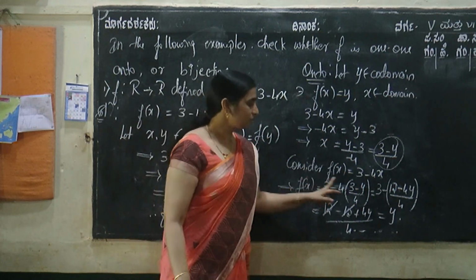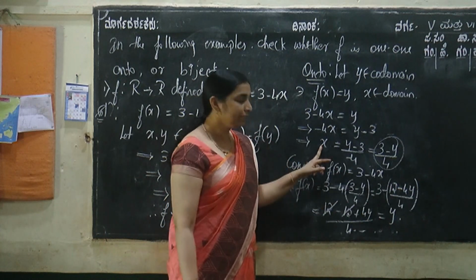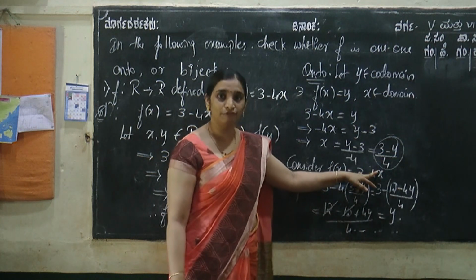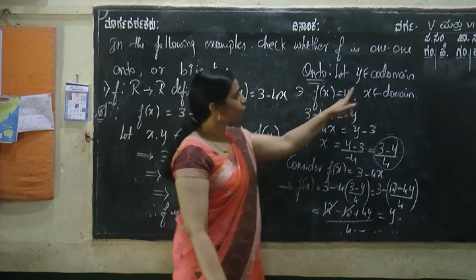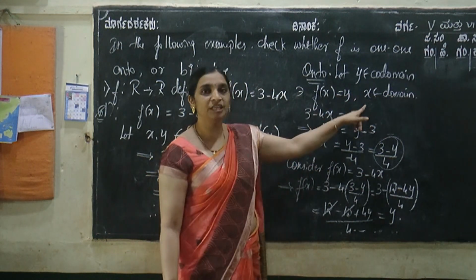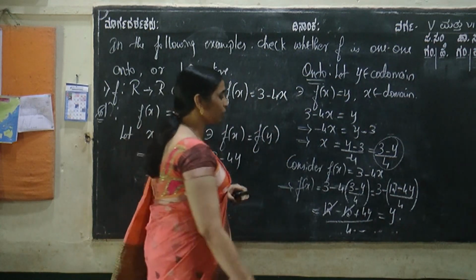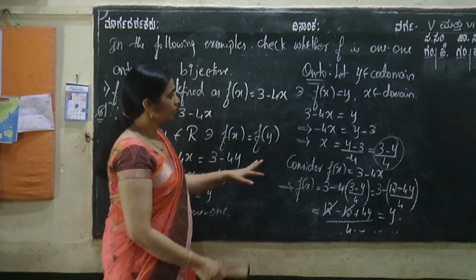So f of x is equal to y we are getting. That means the value of x, that is x equal to 3 minus y divided by 4, belongs to the domain. This implies for a random element in the codomain, there exists a pre-image in the domain. Therefore, we may conclude the function f is onto.